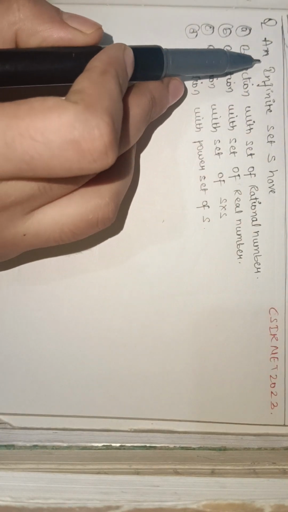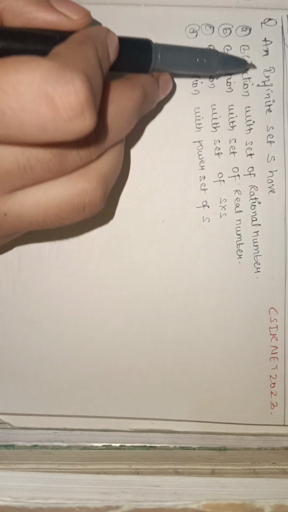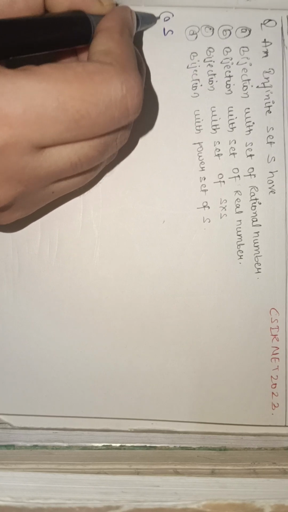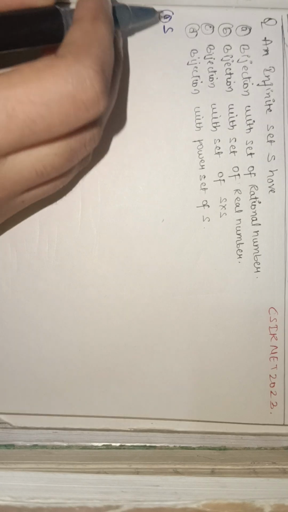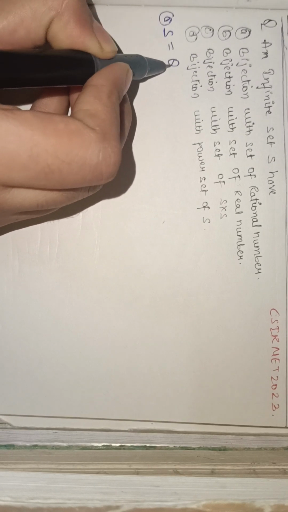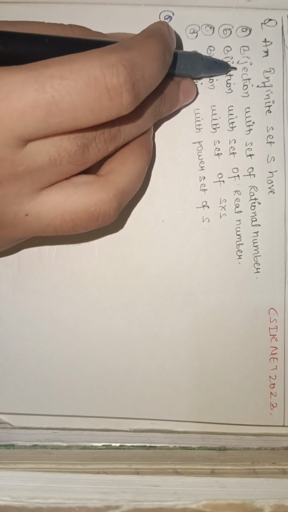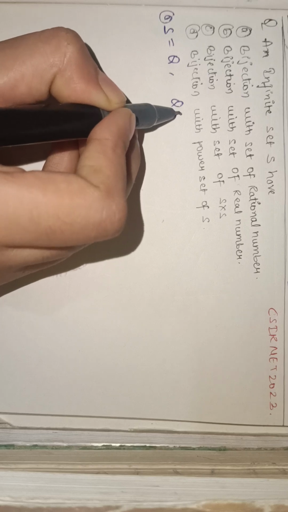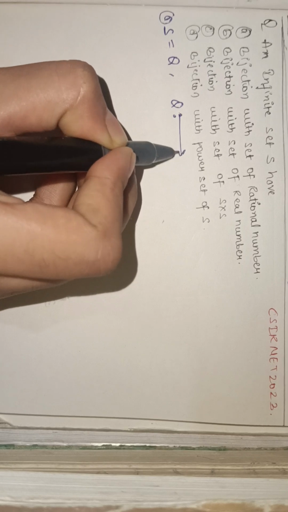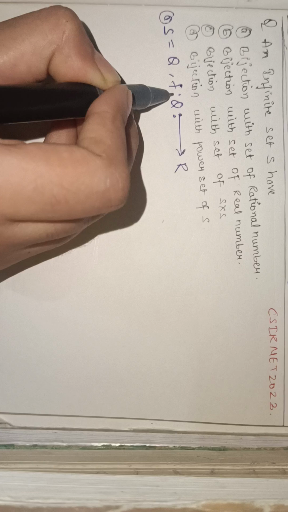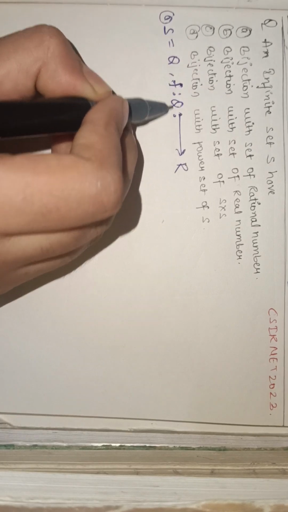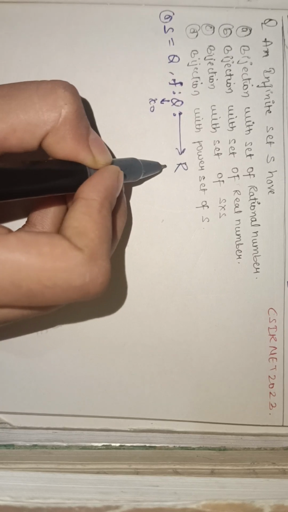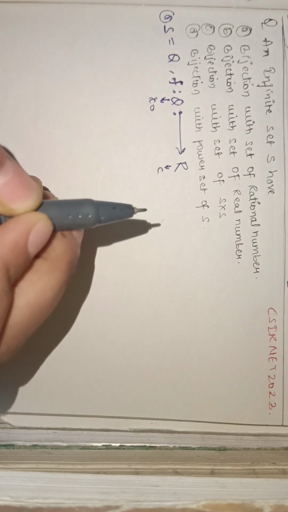So first, here the set is an infinite set. For the first option, if we take S equals Q, that is the rational numbers, then from Q to R, is any bijection possible? For a function from Q to R, the cardinality of Q is aleph naught and the cardinality of R is the continuum, right?